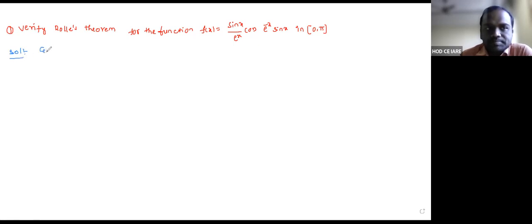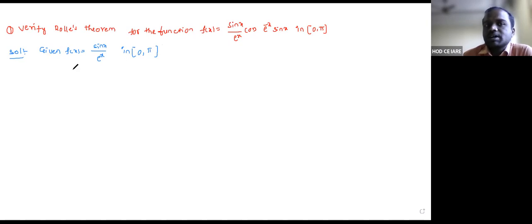Given f of x is equal to sin x by e power of x, in the interval 0 comma pi.